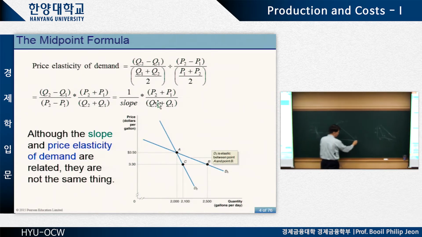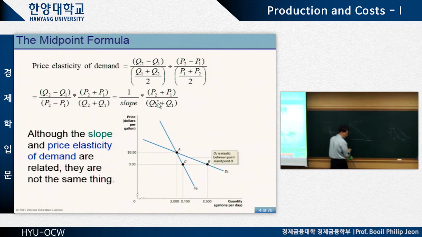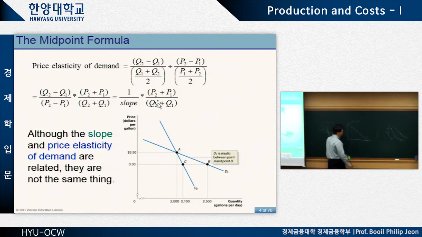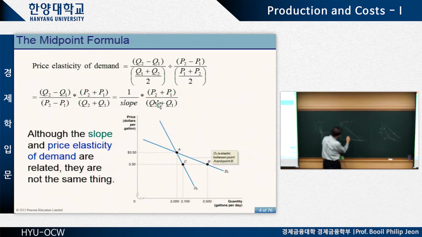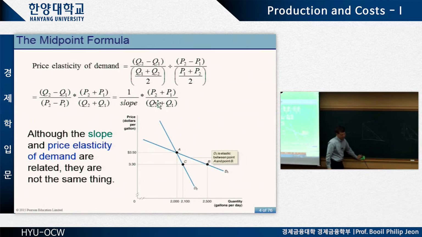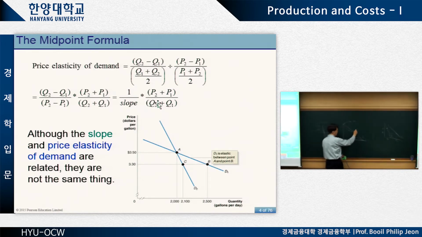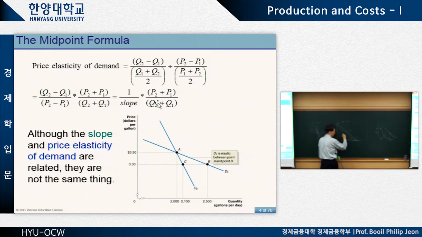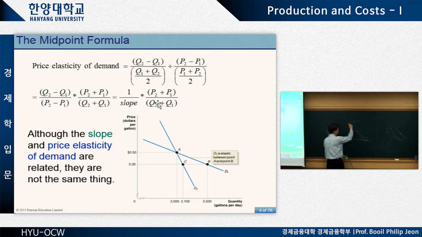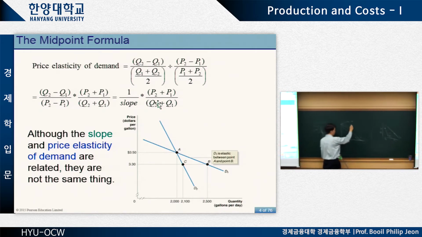And at this point, at the bottom of the demand curve, elasticity will be 0. And if this is a midpoint, let's say, if you calculate the elasticity at the midpoint on a straight linear demand curve, elasticity will be exactly 1. I'll prove it in a few minutes. So that means between here and here in this region, elasticity will be greater than 1.